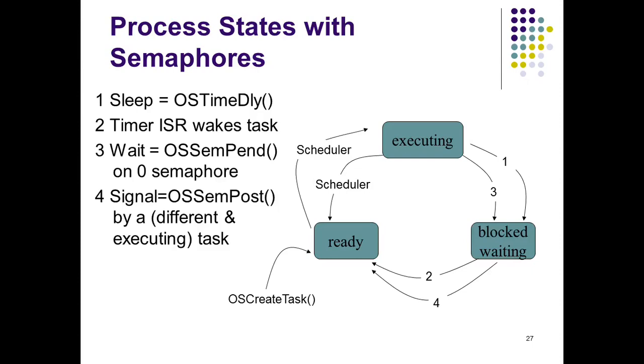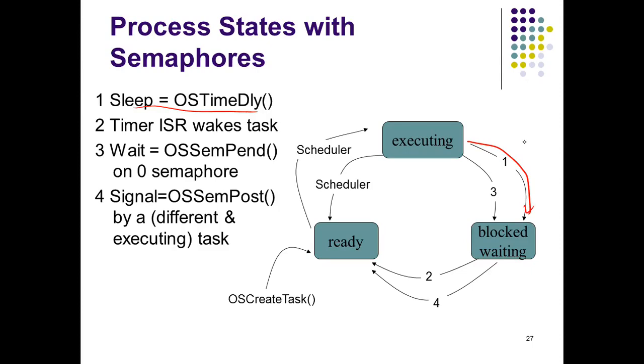So this is looking back at the previous thing where we talked about process states, where you either have executing, blocked, or ready. So how does this state diagram change with semaphores? Well, OS time delay sends a task from executing to blocked.